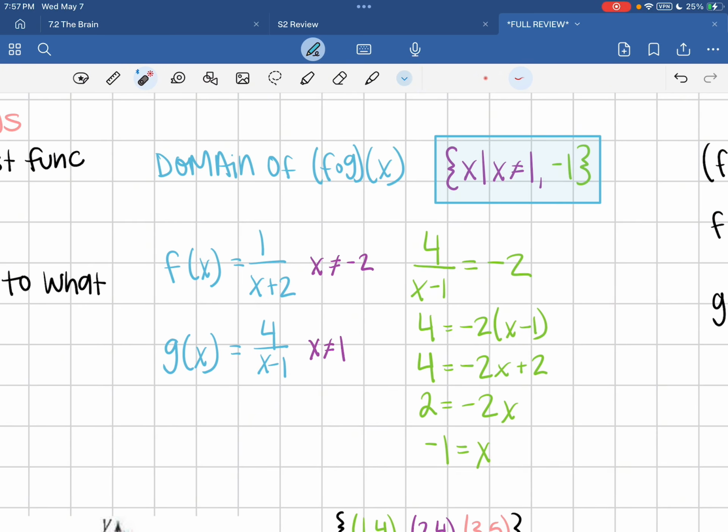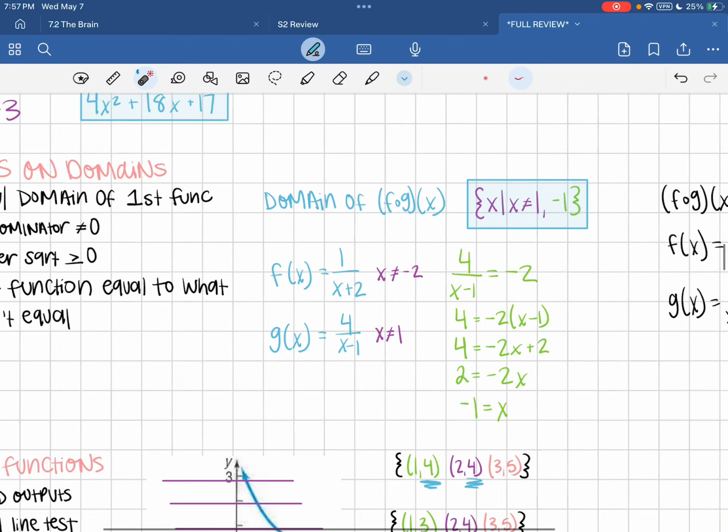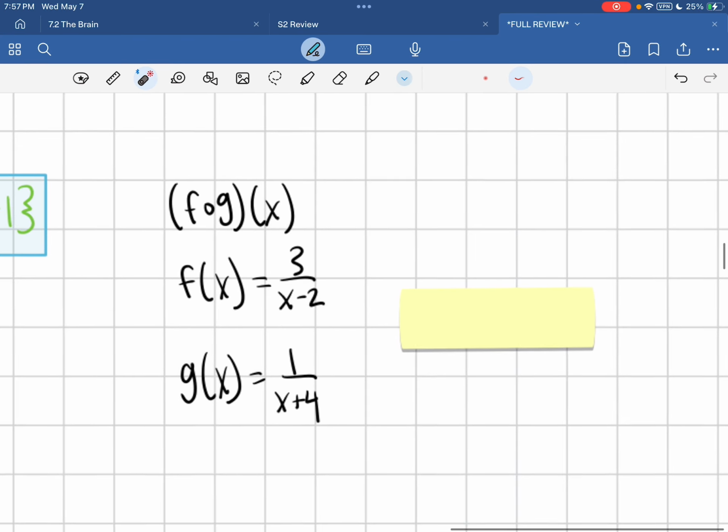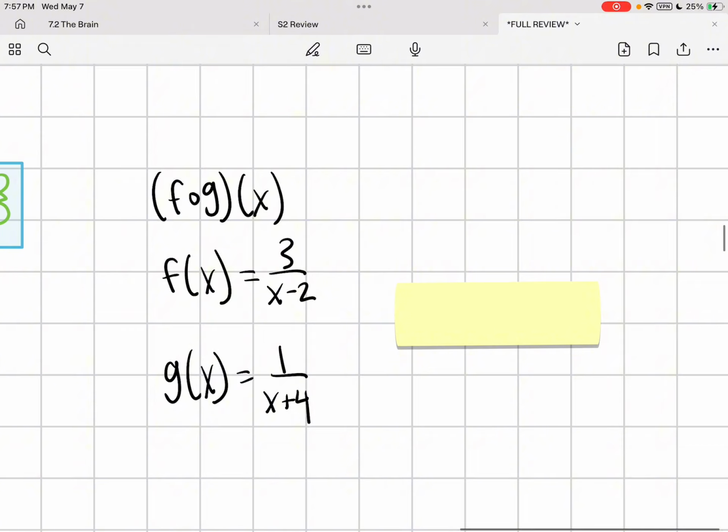Because if x equaled -1, it would plug into this equation, and this equation would equal -2, which we know doesn't work for this one. So if you want to do an example, here it is, and then I'll put up the answer.